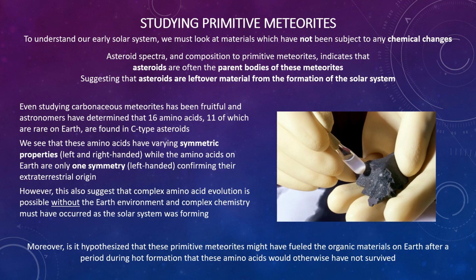So when we find these amino acids that have a right-handed symmetry, this confirms that they are from an extraterrestrial origin. It also suggests that complex evolution of amino acids is possible without the environment of Earth, and that complex chemistry must have occurred as the solar system was forming.